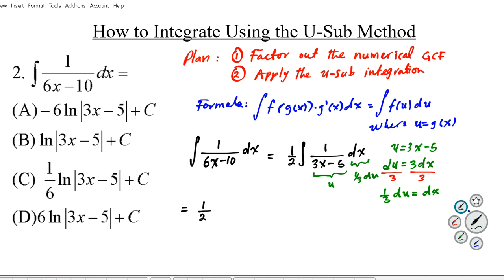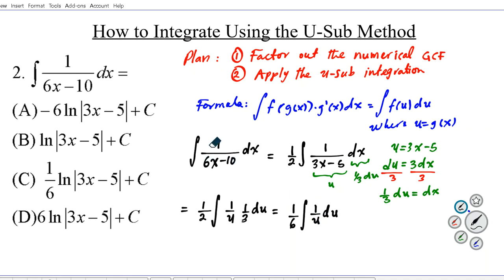We have 1 over 2 times the integral of 1 over u times 1/3 du. Okay, now we have a rational factor we can factor out, so let's factor that out. That gives us 1 over 2 times 1 over 3, which is 1 over 6, times the integral of 1 over u du.